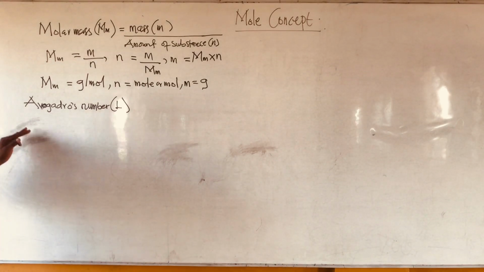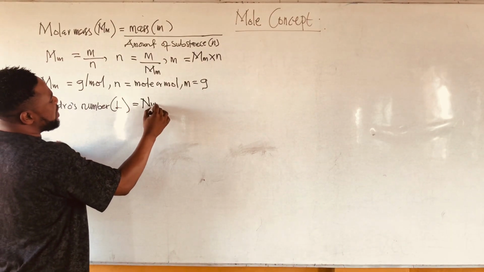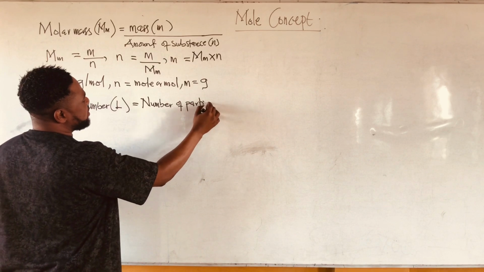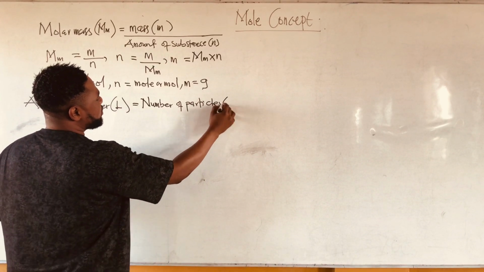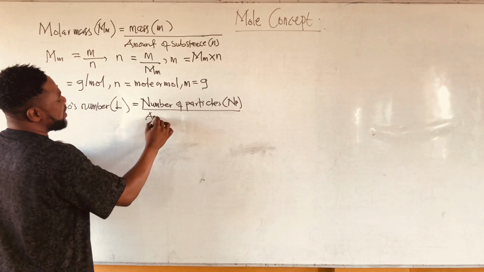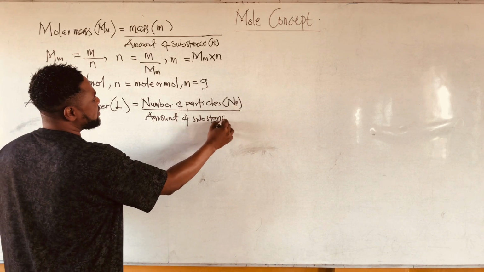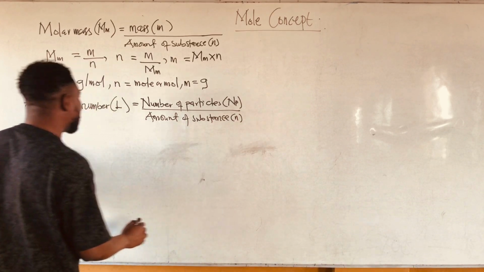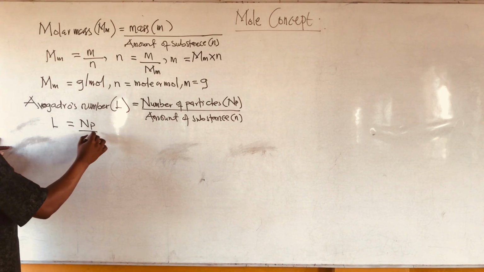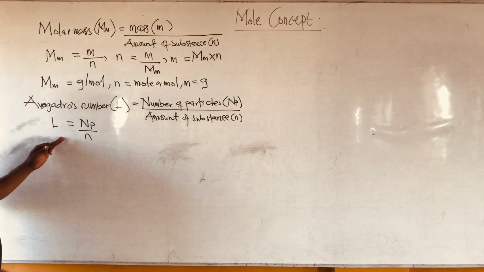Mathematically, Avogadro's number L is equal to the number of particles, NP, divided by amount of substance, N. So L equals NP over N. We can use this formula to do calculations.